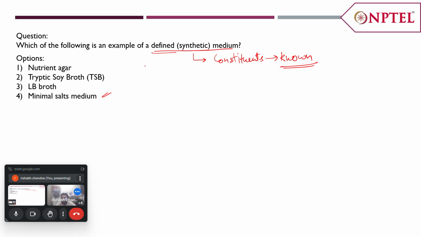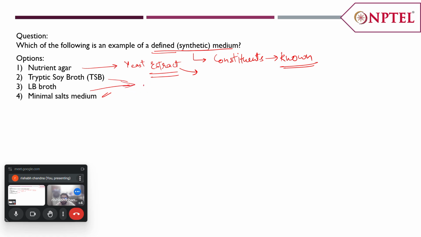Okay. So out of the following options, the nutrient agar has a component called yeast extract. In this case, we do not know the exact composition of what this extract contains. Same is the case with LB and the tryptic soy broth.